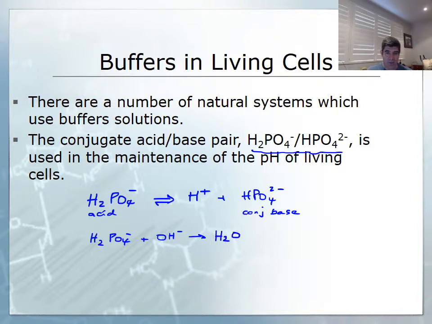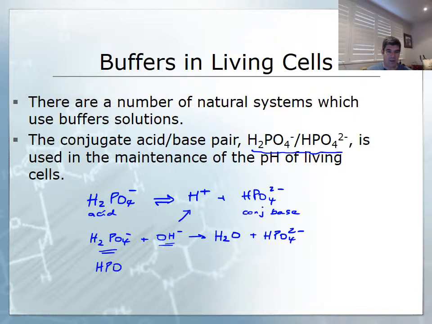The OH- is going to combine effectively with the H+, and we're going to increase the concentration of the HPO4 2- ions. As we saw before, this is the species that's going to be attacked when we add base. If we add an acid, it's going to be the opposite one.